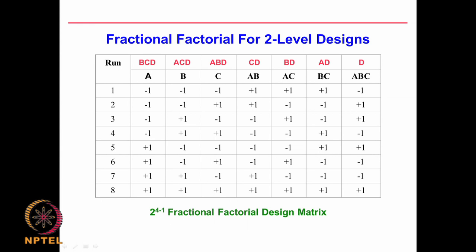These 2 level interactions have been confounded, and the principal effects or main effects are confounded with these 3 factor interactions. You understand? So, these 2 factor interactions are confounded with 2 factor interactions, and the main effects or main factors are confounded with these 3 factor interactions.